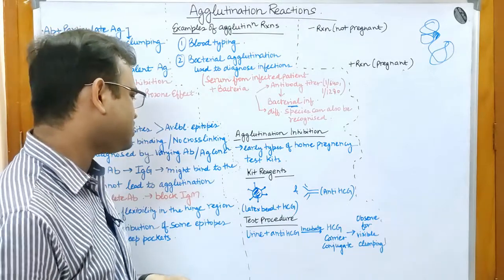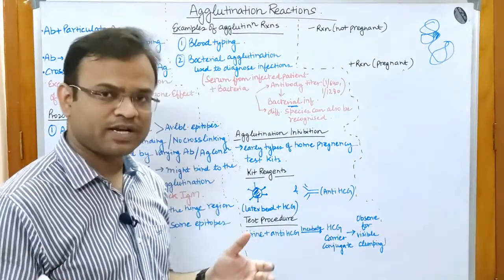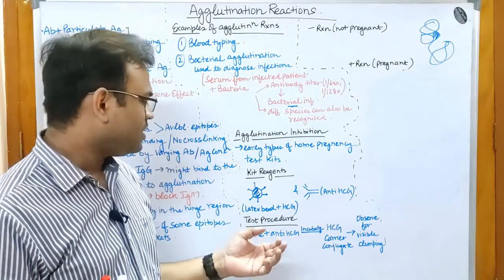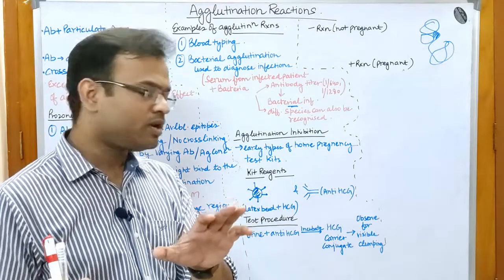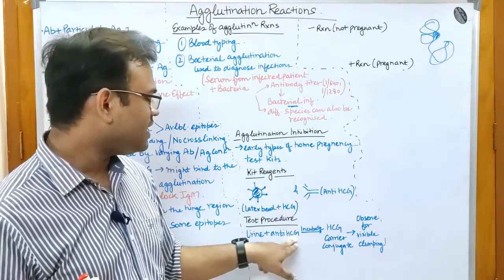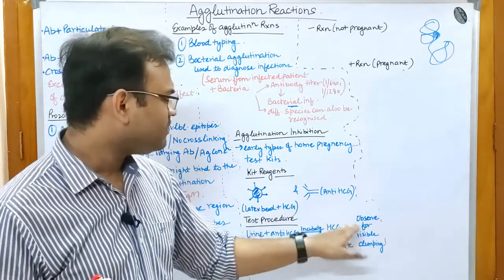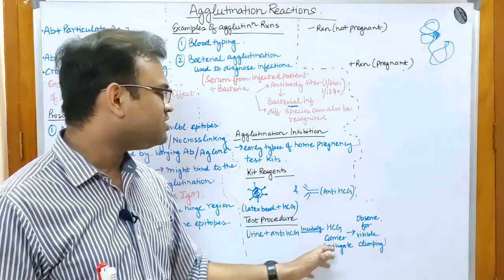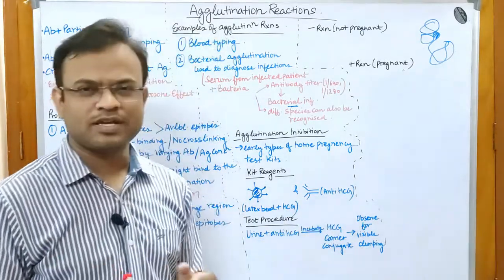What is the test procedure? Whenever a female wants to test whether she is pregnant or not, she collects her urine and tests it with this kit. It is incubated and checked to observe whether visible clumping is present or not.